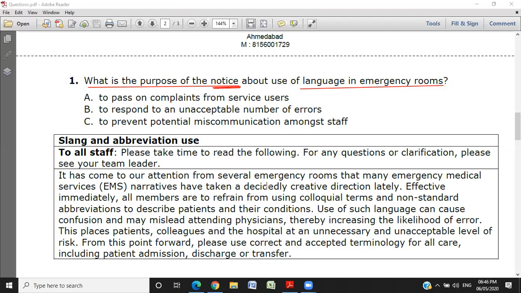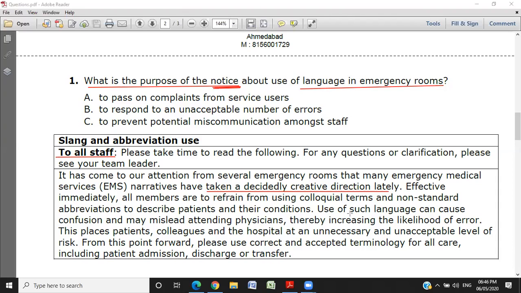Why is it written? Can anyone answer that? First, they have set a background: the language has taken a creative direction lately. So first, they've explained what has been happening. Here it is addressed to the whole staff of the emergency department.